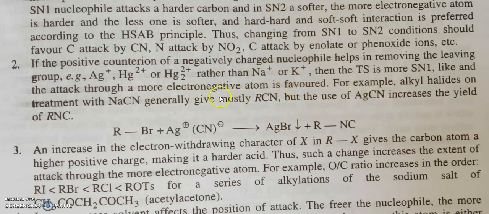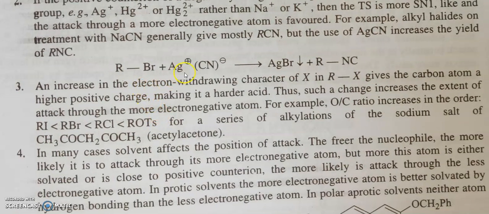For example, an alkyl halide on treatment with sodium cyanide generally gives mostly RCN, but the use of silver cyanide increases the yield of RNC. You can see here RBr with silver cyanide gives a precipitate of silver bromide and RNC.